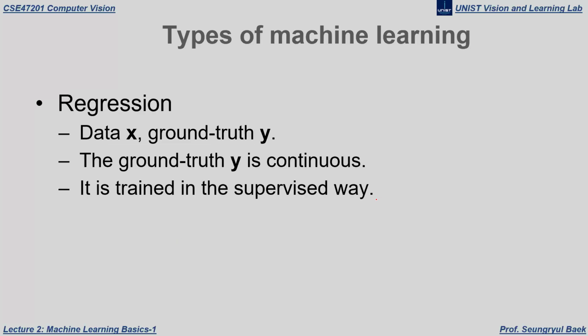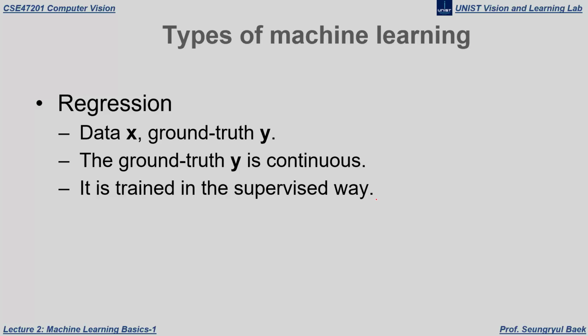But in the regression task, the ground truth Y is continuous, which means, for example, let's assume that we are trying to regress height from weight of a person, okay?